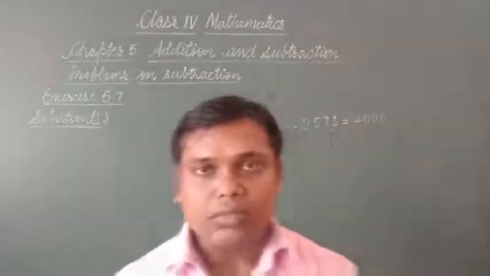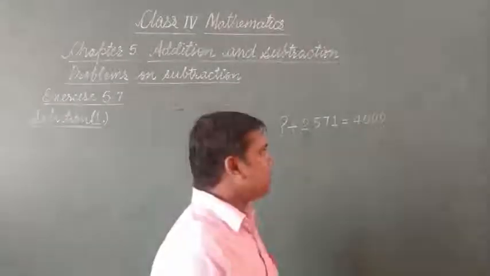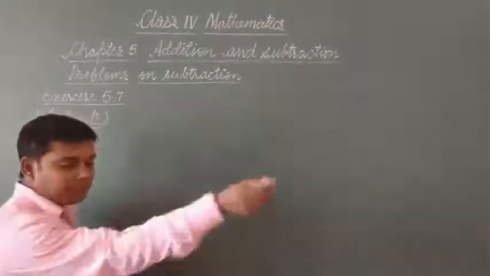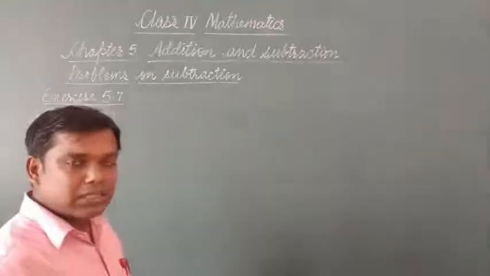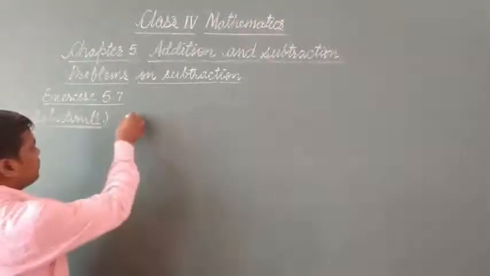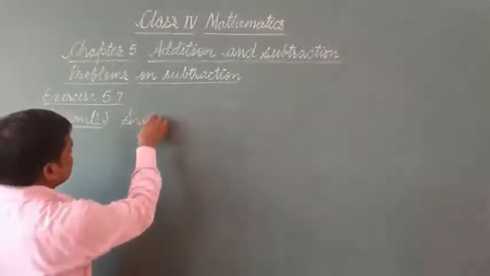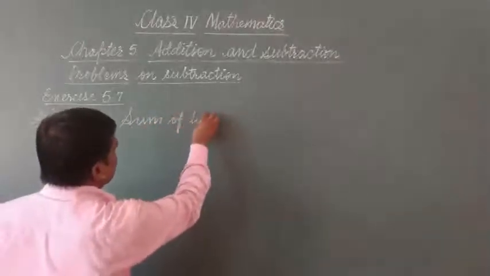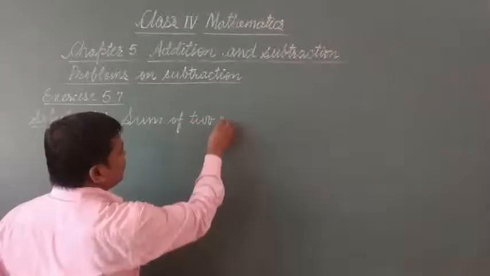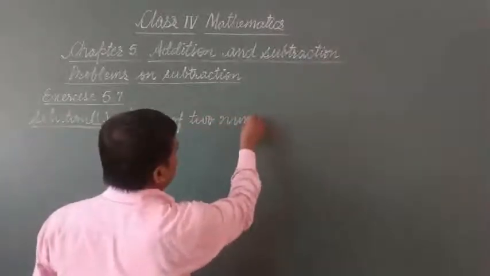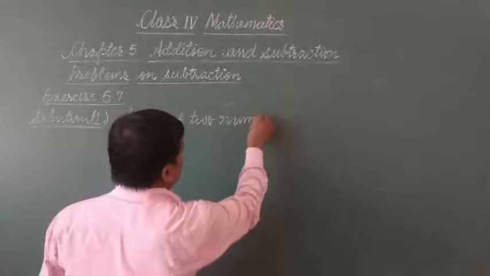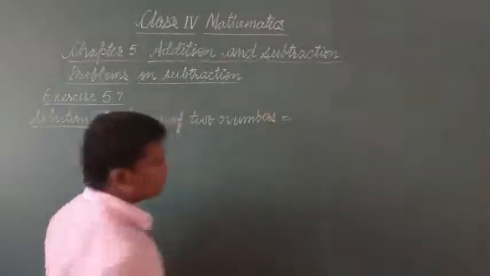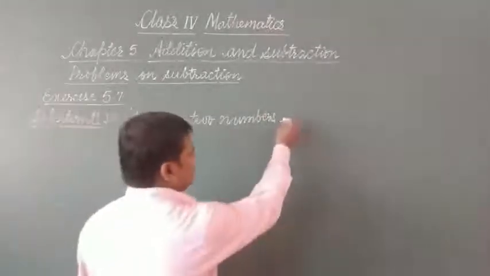So look at the board, how I am writing, accordingly you will solve. You will write the sum of two numbers. Sum of two numbers is equal to 4000.